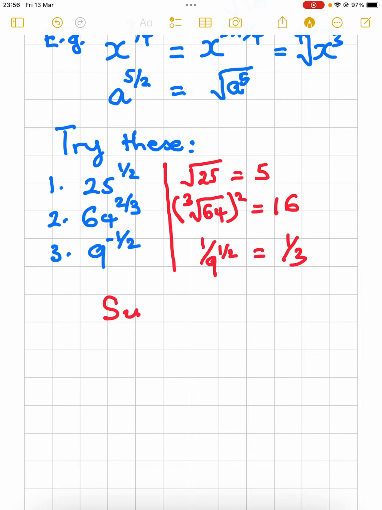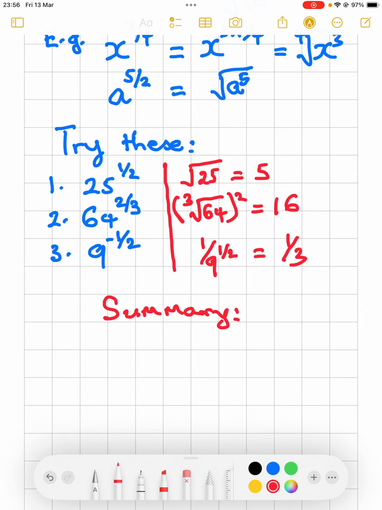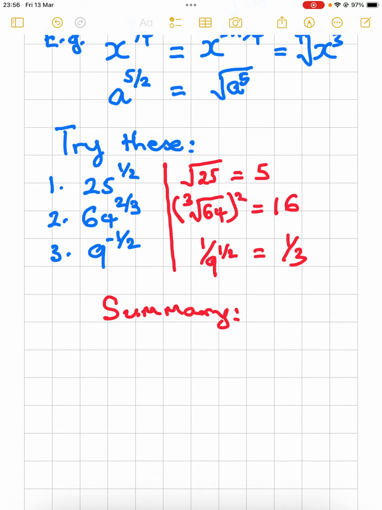Let us summarize. Today in this lesson, we have learned that denominator determines the root.